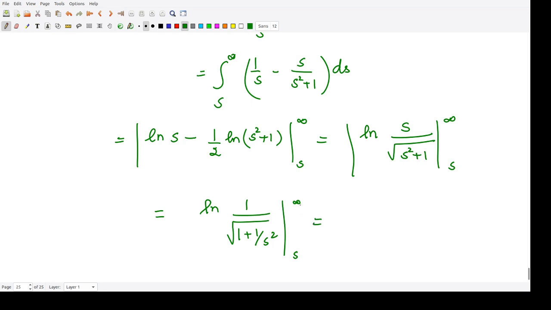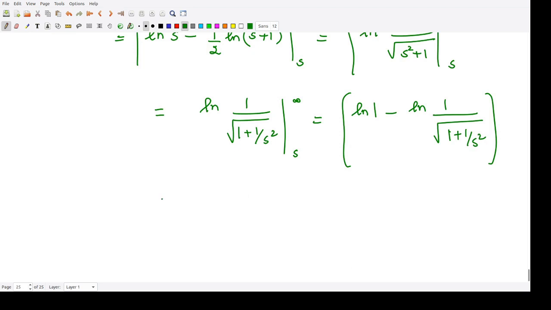When you substitute the limit infinity, this term would become 0. So we will only be left with log of 1, and then when you substitute the lower limit, we have this expression as such. So we have log of 1 divided by square root of 1 plus 1 by s square as such. So log of 1, what is this quantity? It is equal to 0. And what is this quantity?